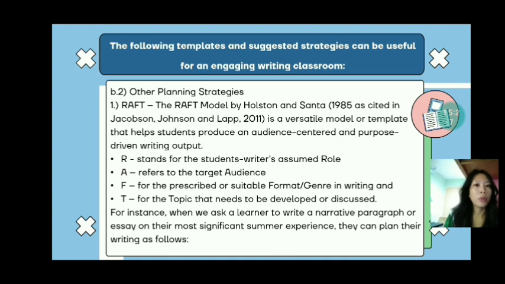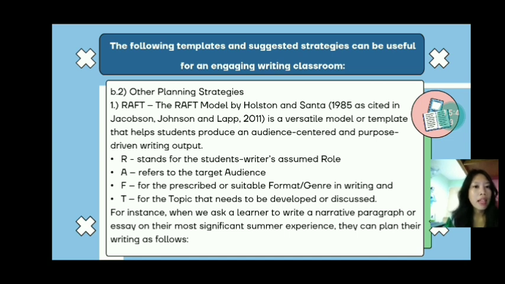And B2. These are other planning strategies. First is RAFT. The RAFT model by Holston and Santa 1985, as cited in Jacobson, Johnson, and Lab 2011, is a versatile model or template that helps students produce an audience-centered and purpose-driven writing output.